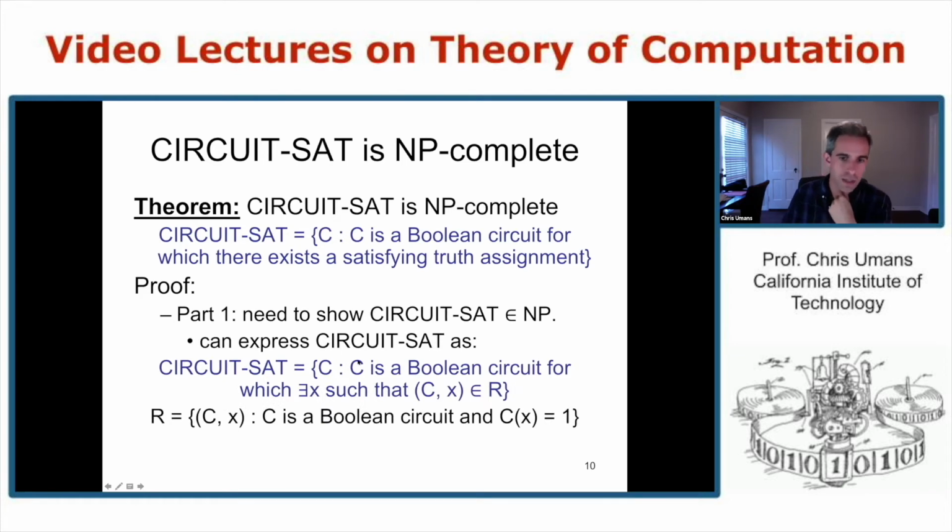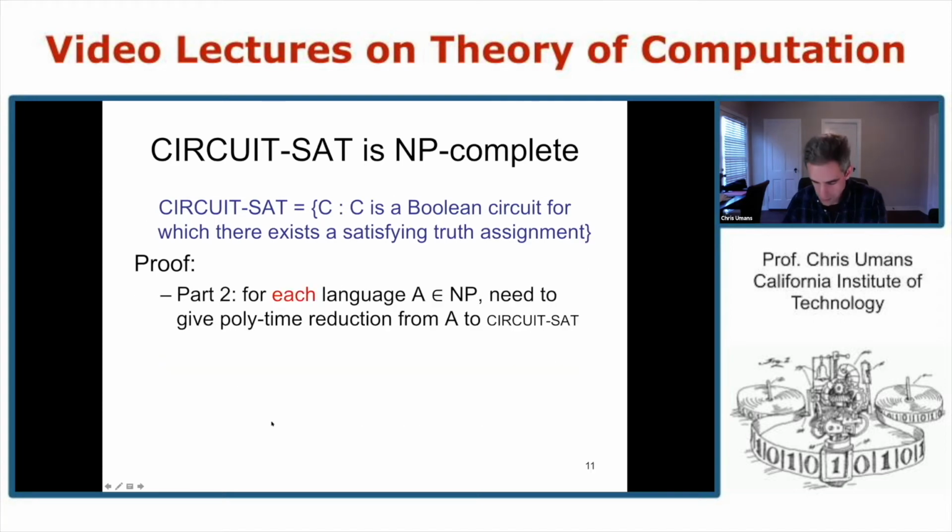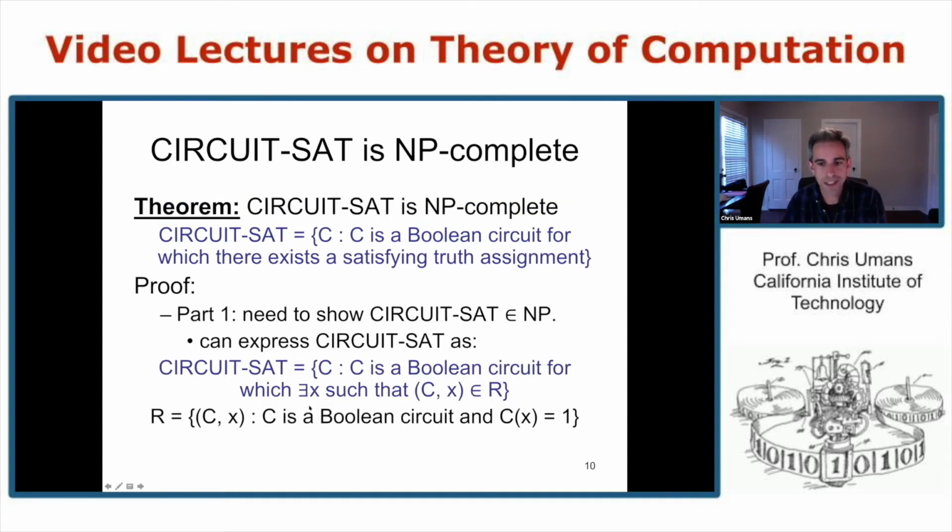In fact, we can use that alternate definition of NP that we discussed. We can express circuit SAT, which is this language, in the following way. We can express it as those circuits C, where C is a Boolean circuit, for which there exists an x such that the pair (C, x) is in R, where R is the language which takes a pair, which is a circuit and a string, and just accepts if that circuit on that string evaluates to 1.